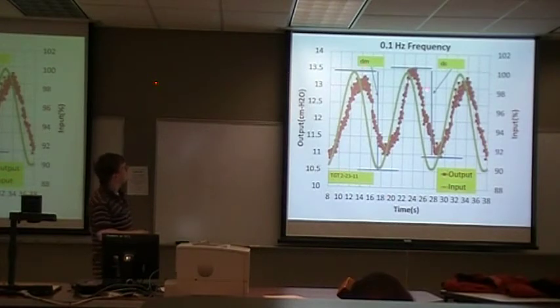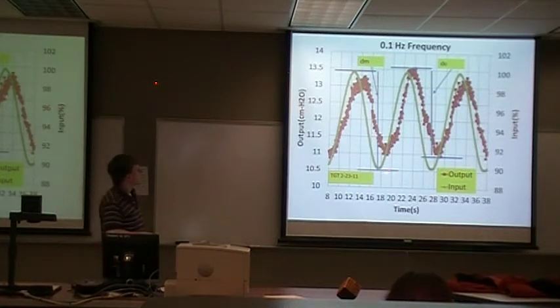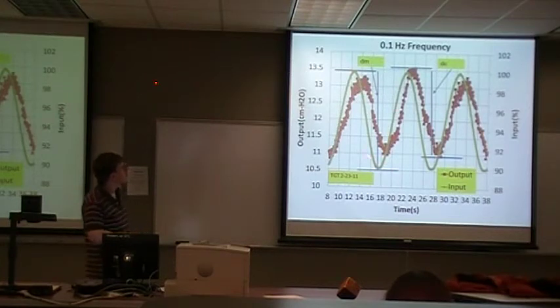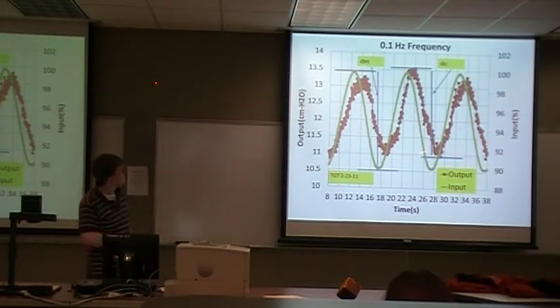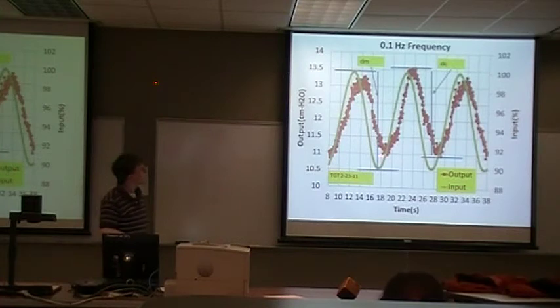The green is our input. Our change in M, from peak to peak, was 10 consistently on each one, and DC fluctuated. Here it's 13.6 to 10.9 approximately, and DC over DM gives you your amplitude ratio.